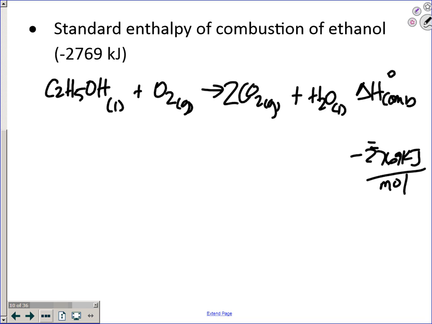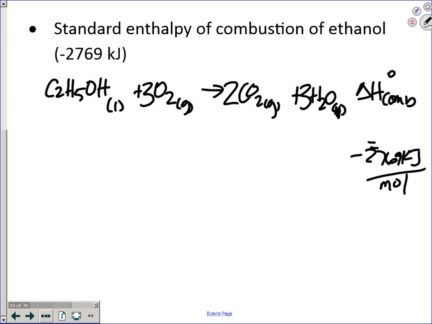And then I need a 3 here because I have 6 hydrogens total in the reactants. 3 plus 4 is 7. What do I need here? I can't put 7 halves because I actually have an oxygen here. So I need a 3 here. 2 times 2 is 4, plus 3 is 7, but of the 7 oxygens over here, 1 is already counted for, so I only need 6 here.